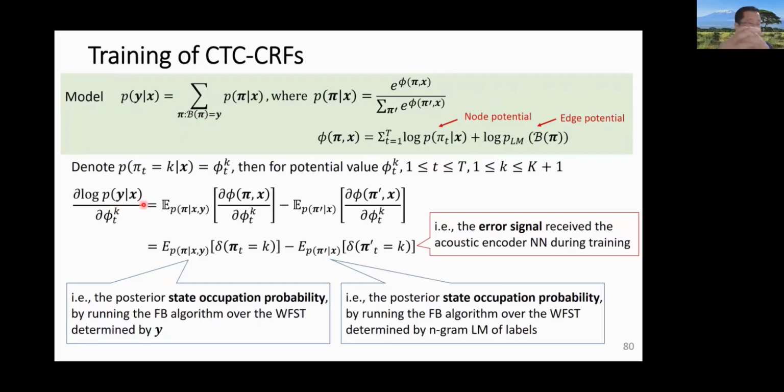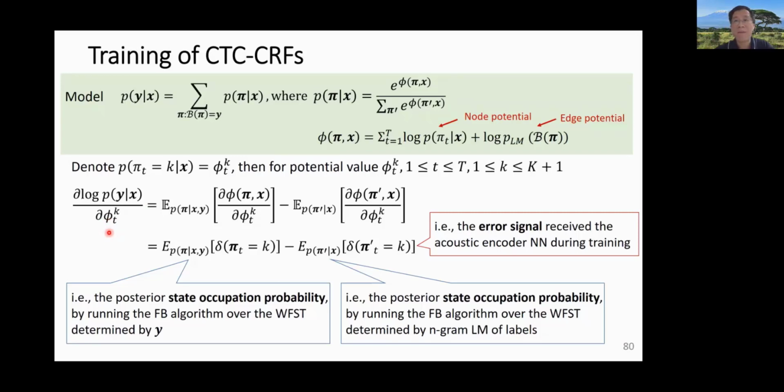As we introduced before, in training CRF in general, an important quantity is the gradient of the log likelihood with respect to the potential value at time t for label k.